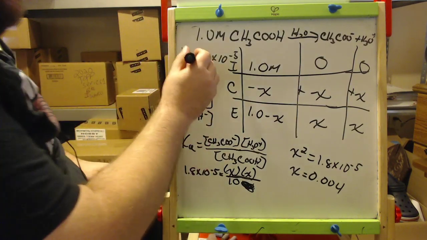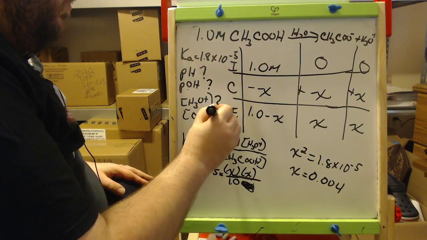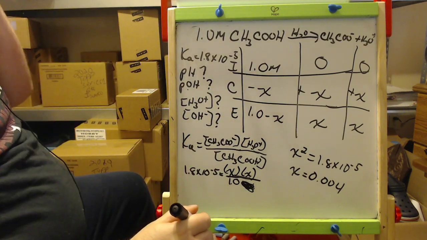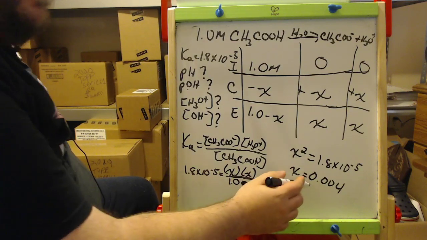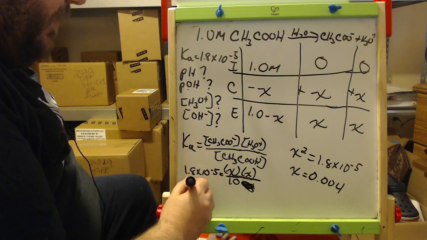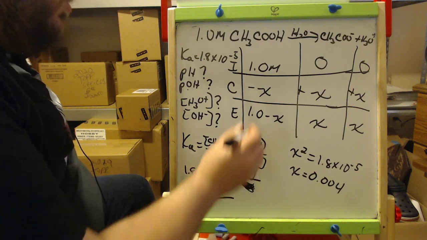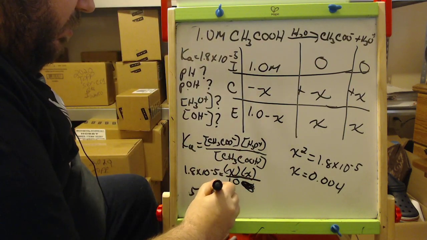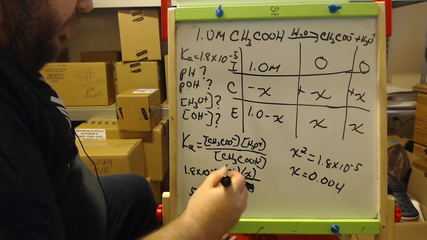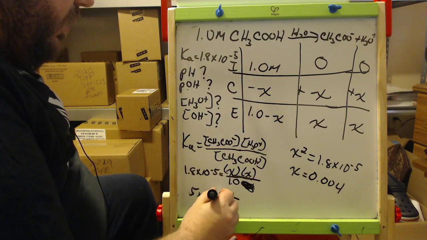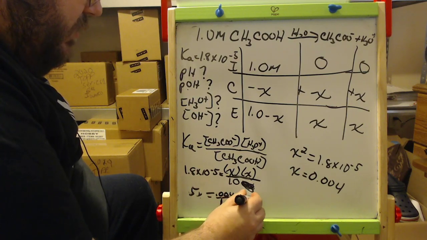So before you go and answer these questions up here, make sure the 5% check works. And if you don't remember the 5% check, it's: take your change, which is the 0.004, put it over your initial, which is 1, and multiply by 100.